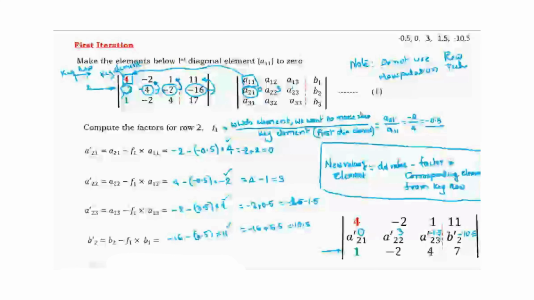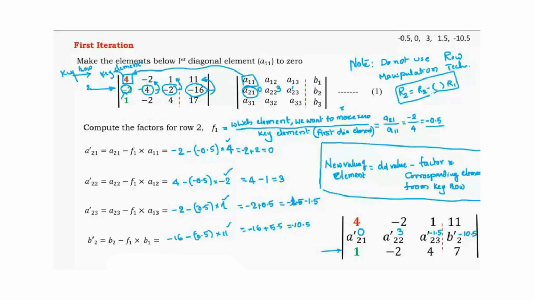Because you can also do this equal to 0, but the problem is that you can write row 2 is equal to row 2 minus some multiplying factor into row 1. This is not an exact formula I am writing here. This kind of manipulation you can do, but this kind of technique cannot be used for writing programs.